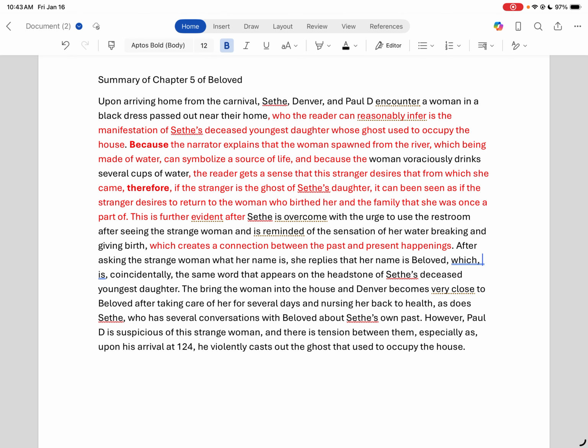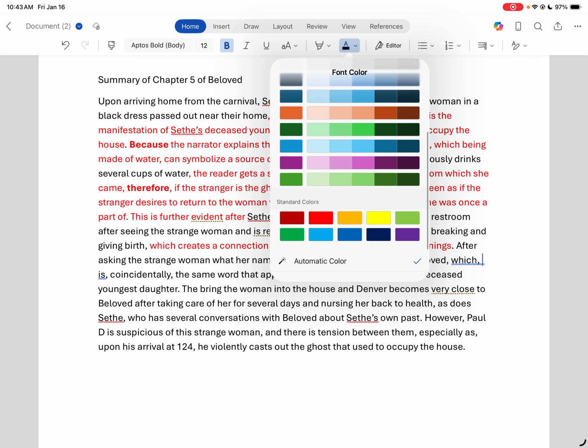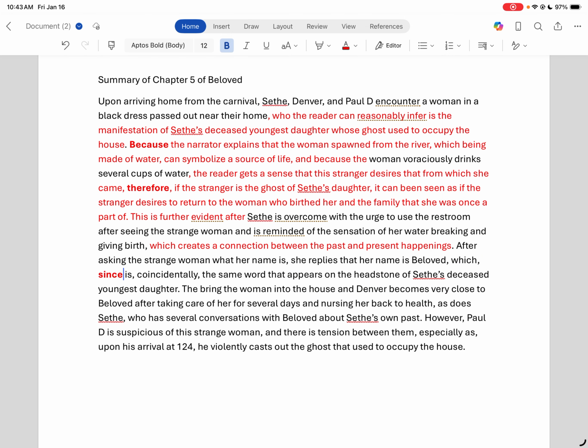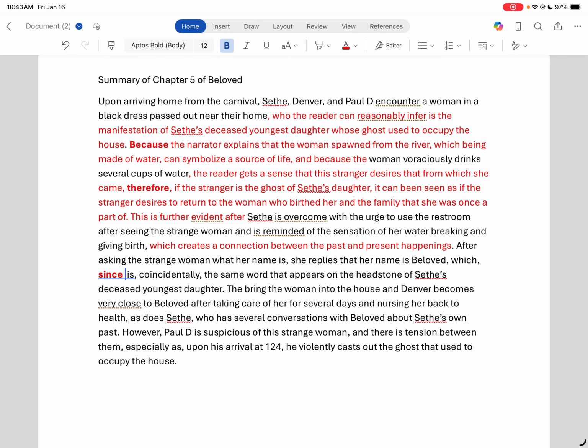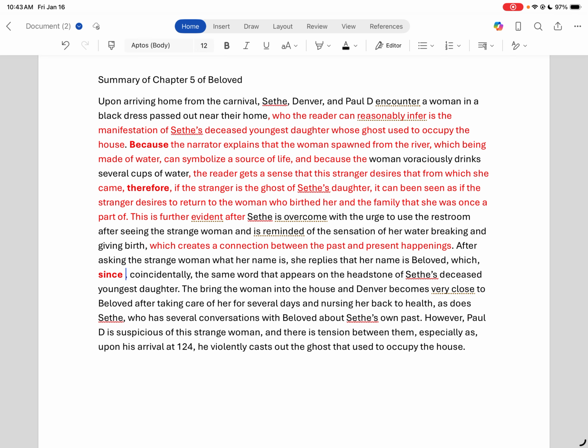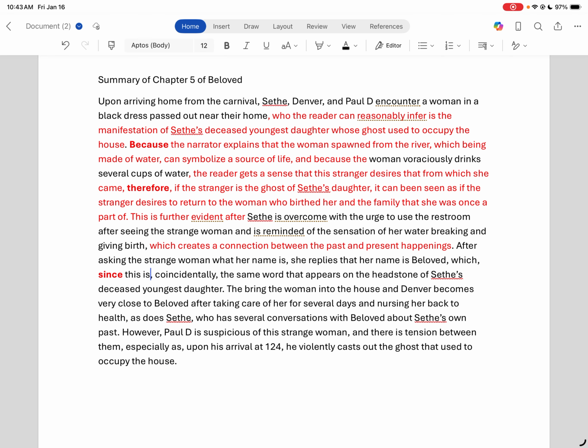Since this is coincidentally the same word that appears on the headstone of Sethe's deceased youngest daughter, as revealed in a previous chapter.